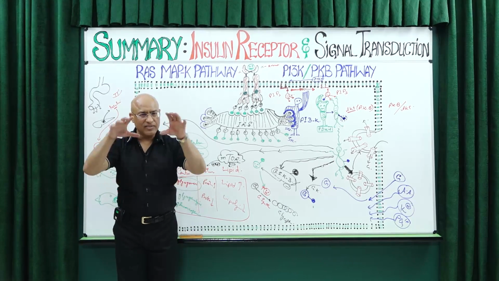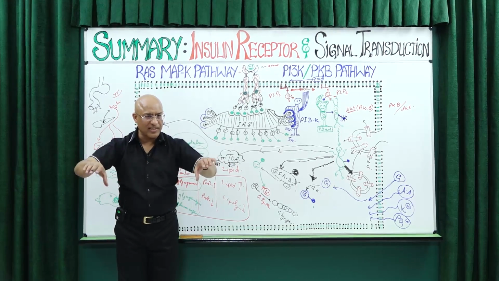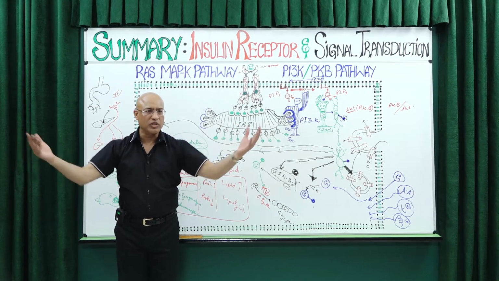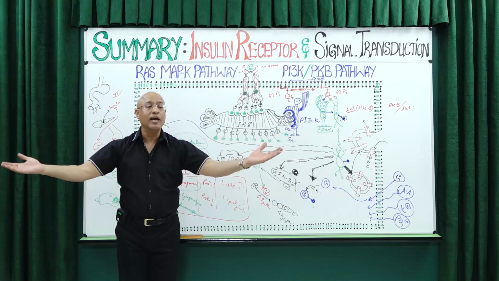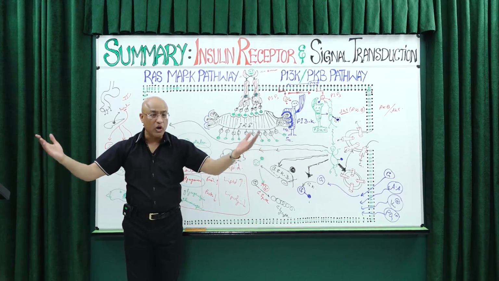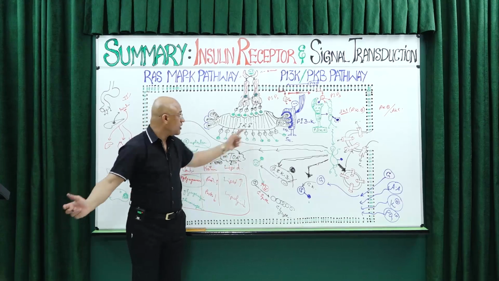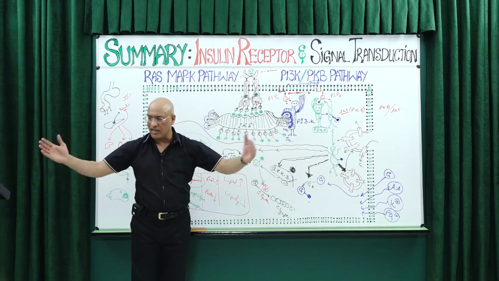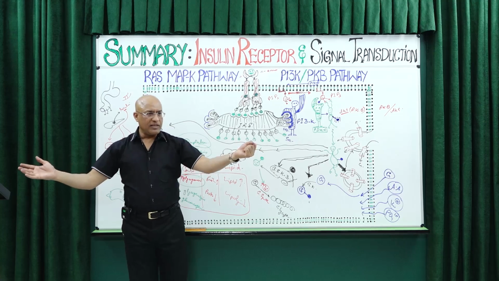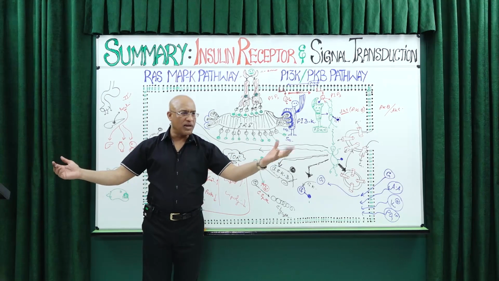Once IRS is phosphorylated, it exposes a special domain and allows other proteins to dock in. That is why IRS is also called a docking protein. Now IRS, once activated, will bind with a special enzyme, PI3K.